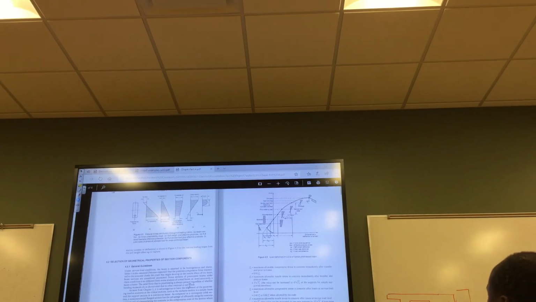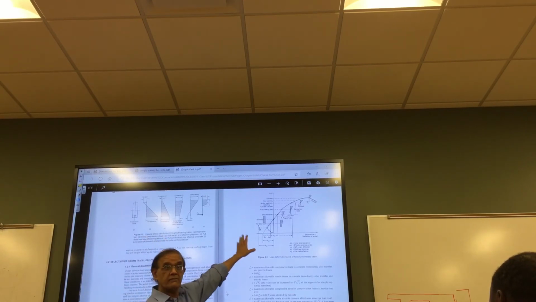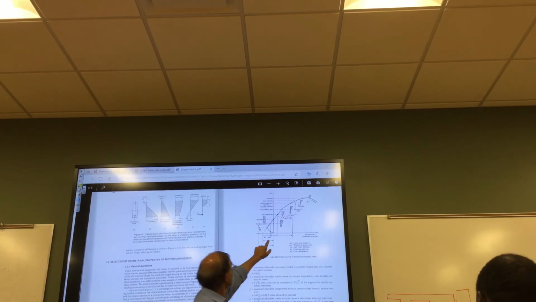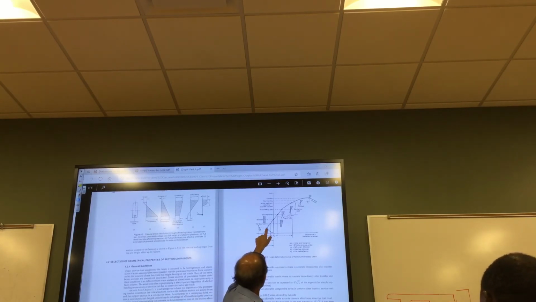4.3 is a little more interesting. 4.3 is talking about deflections and combining these stress diagrams in different places. So you start out, and you camber up, and then as soon as you camber up, you apply the full dead load, and then it flattens.